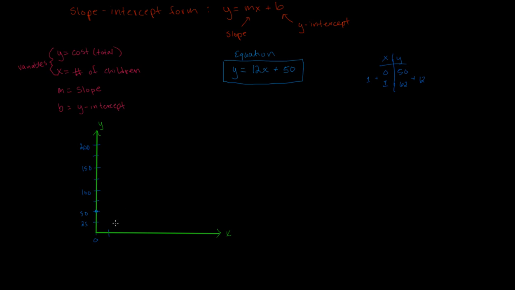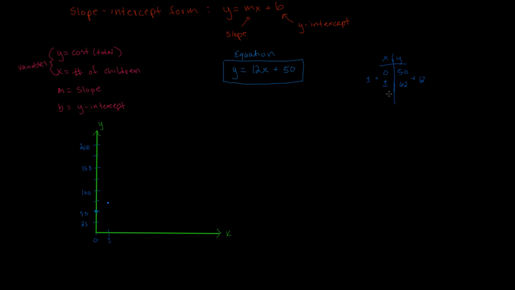So it should go up by 12. If this is 75, 50 is halfway in between. It's close to 75, but not crazy close. So we can plot that there.